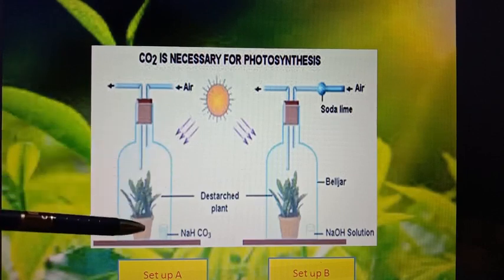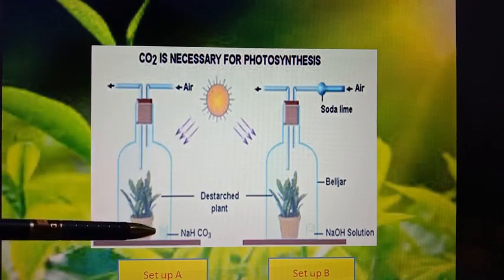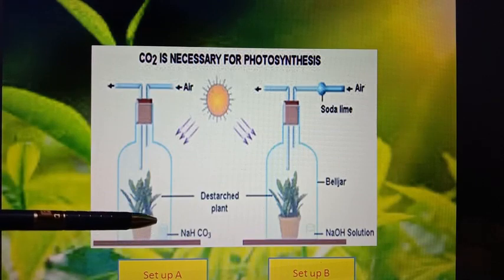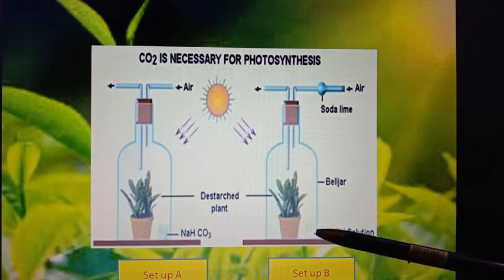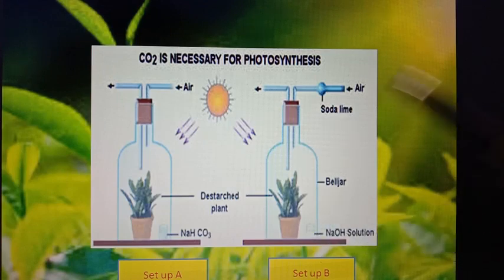In setup A, you have to keep some sodium bicarbonate which can produce carbon dioxide, and in setup B you have to keep some NaOH solution which can absorb carbon dioxide.